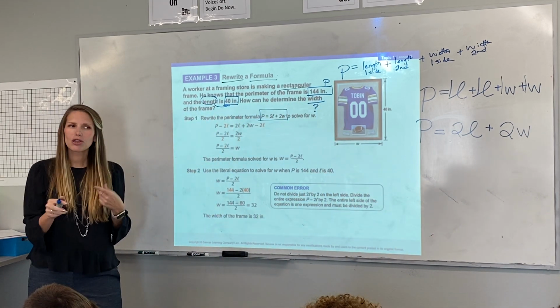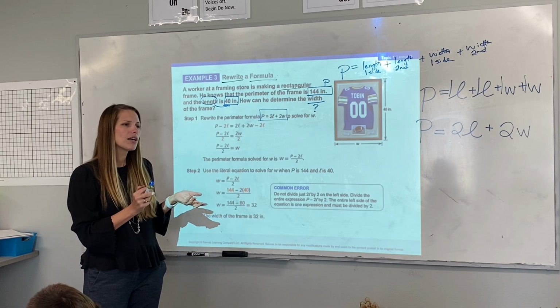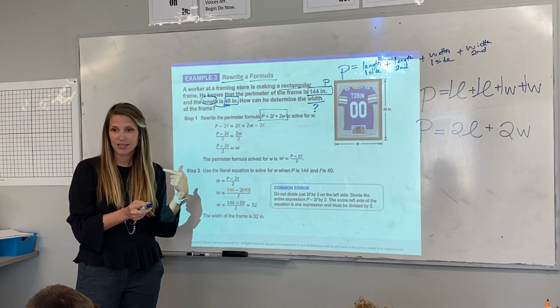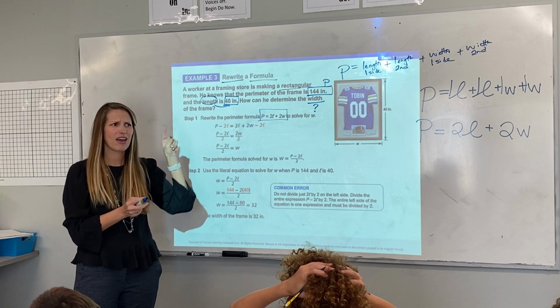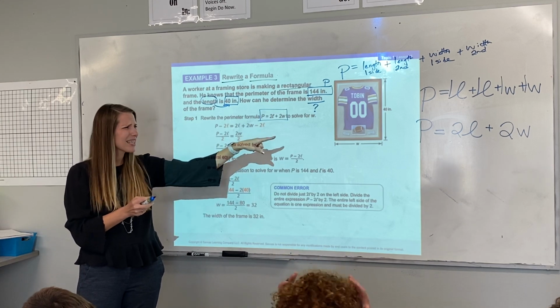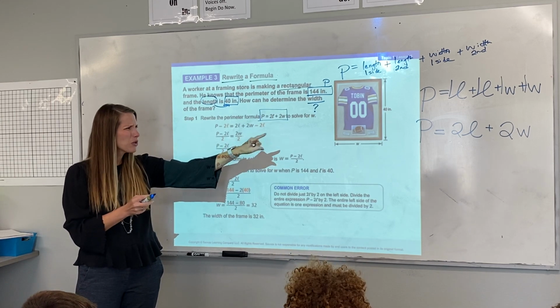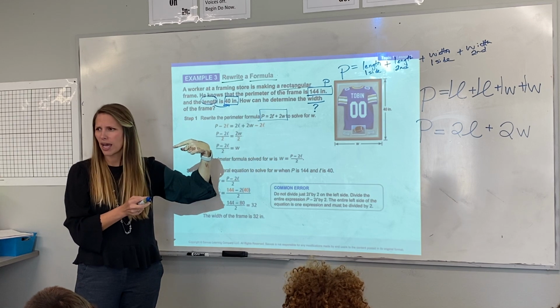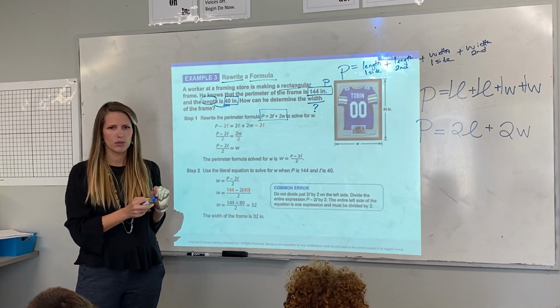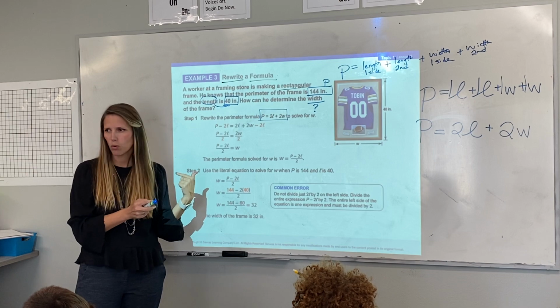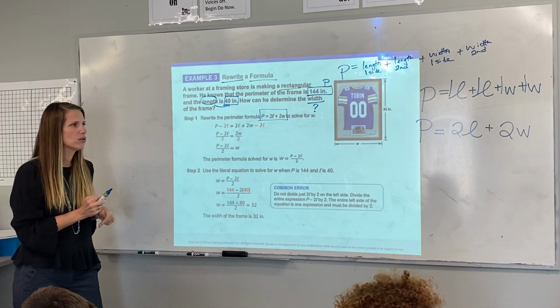But now we're learning that we can also make that formula work for us instead of making us work for that formula. You take a formula and say, I don't work for you, you work for me, okay? I'm going to rewrite you and make you work for me so I can solve this my way, okay?